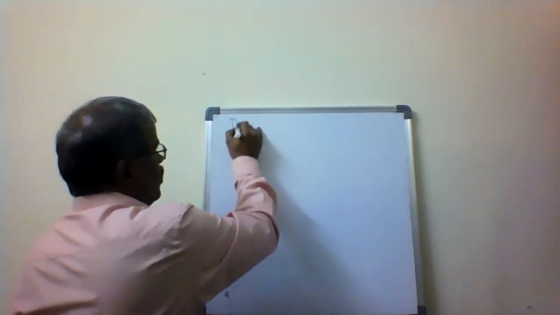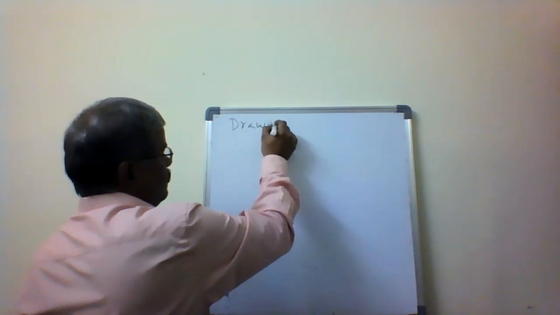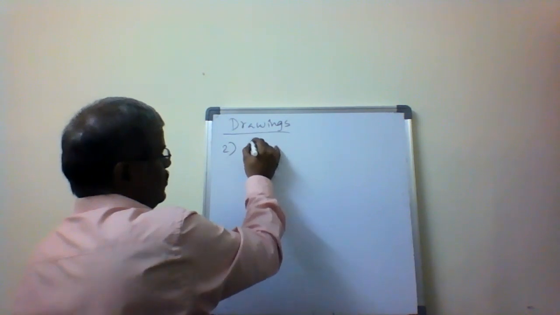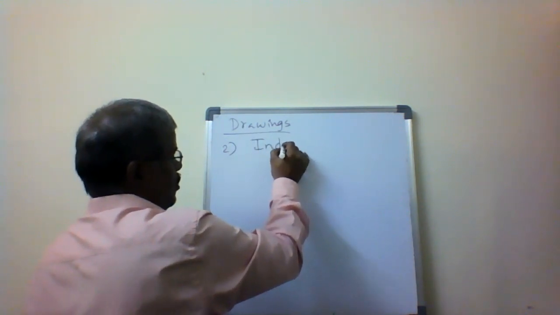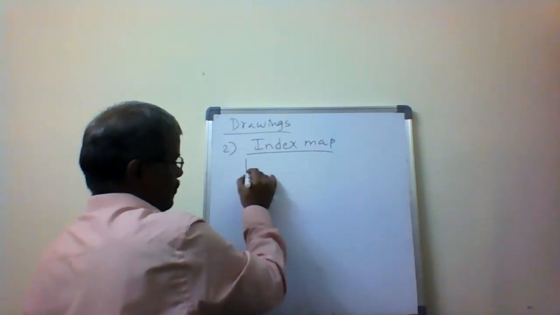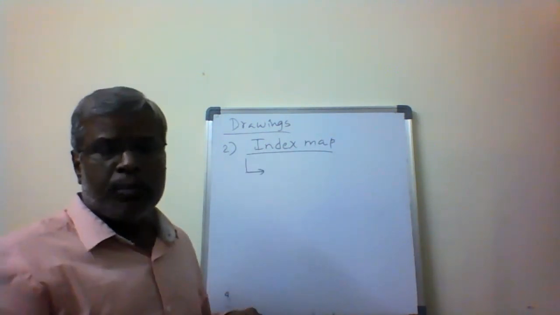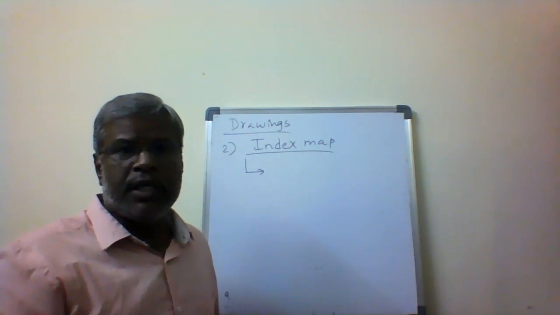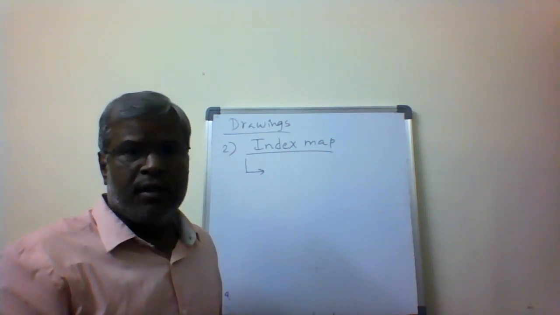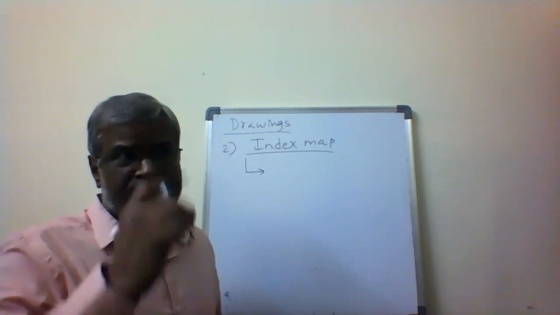Then the next one is going to be coordinate drawings. The second one is going to be called the index map. Here the term also gives the meaning, index. If you take a new textbook, the index will be there.